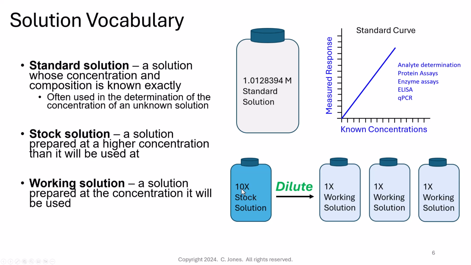And so if we make a 10x solution, we can make 10 working solutions from that 10x stock solution. And so the advantage is if this solution contains 5 components, we just weigh 5 components out at 10 times more than they would be in the 1x solution, dissolve that all in the stock solution, and we only have to do that once. And now we can make 10 working solutions by just one simple manipulation, that is pouring out a known amount of the stock solution and diluting it to 1x.